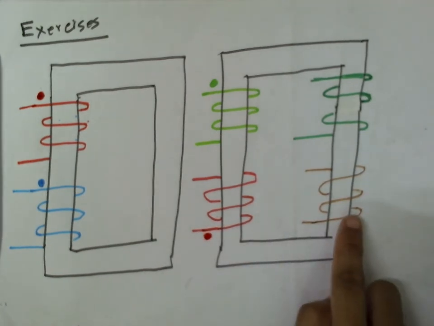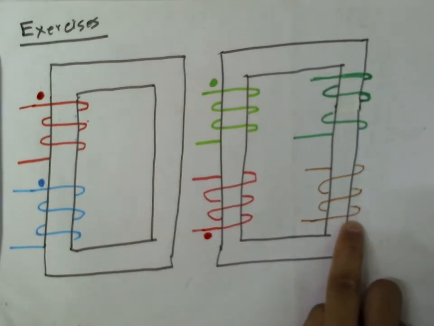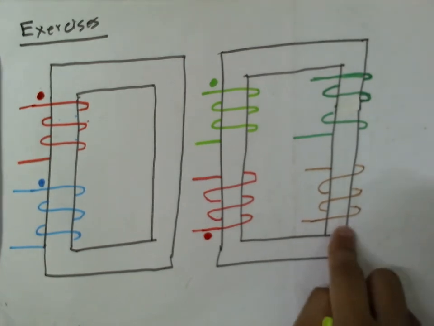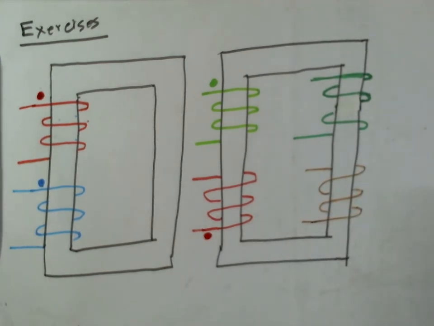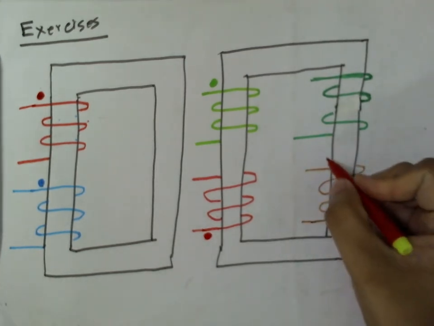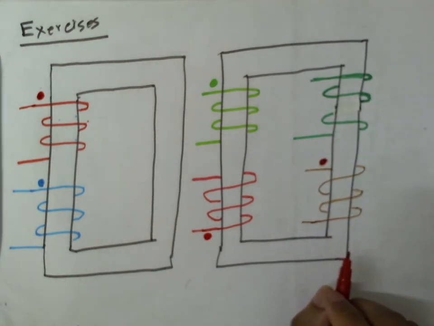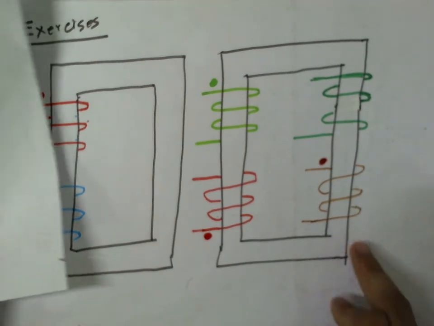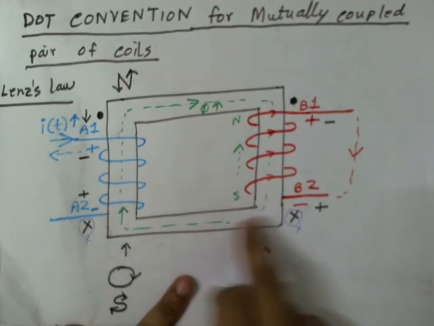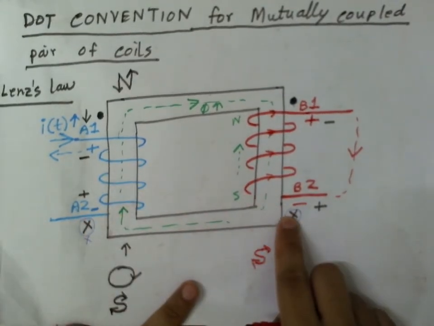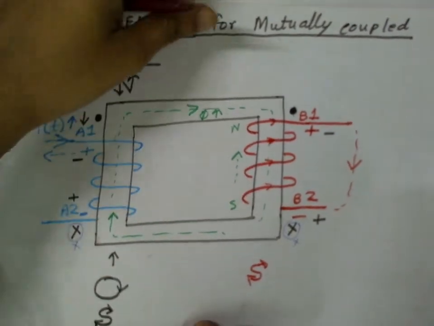Similarly, for this coil, the dot you can find using Lenz's law that it should be on this side, on the upper side. Or actually, this is very much same as this previous diagram.